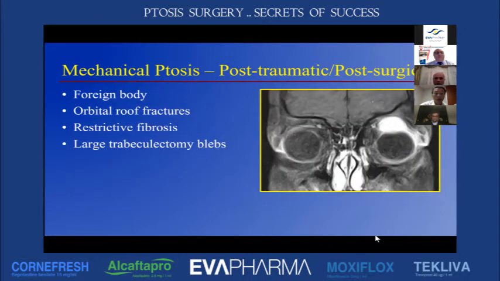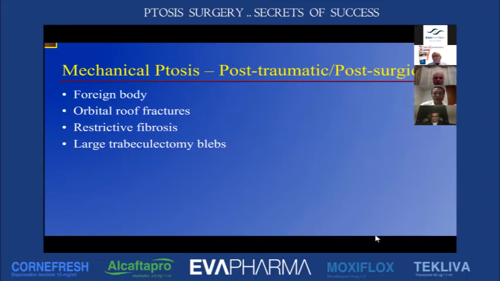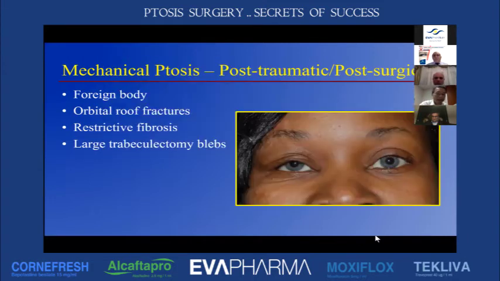Foreign bodies resulting in orbital inflammation can cause a mechanical ptosis. Orbital roof fractures, especially if that frontal bone is pushing down, impaling into the levator complex, can cause mechanical ptosis.